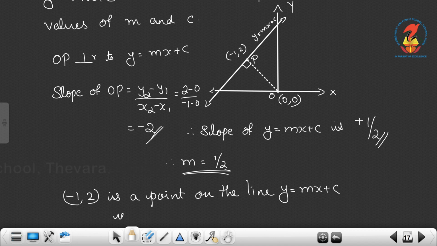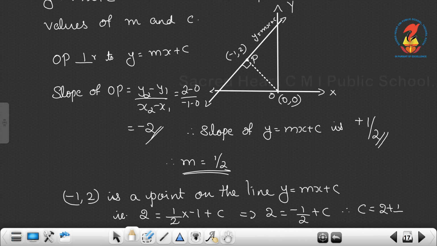That is 2 is equal to 1 by 2 into minus 1 plus c, which implies 2 is equal to minus half plus c. Therefore, c is equal to 2 plus 1 by 2, that's equal to 5 by 2.